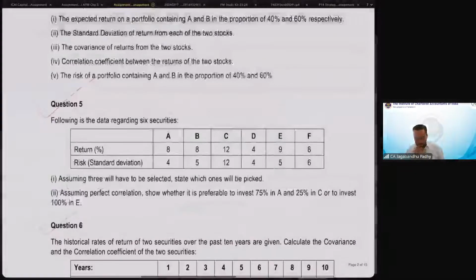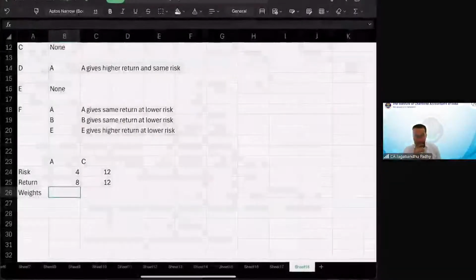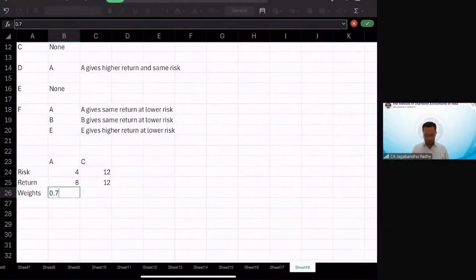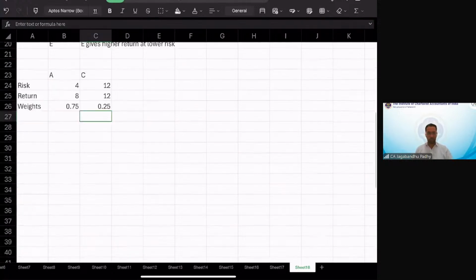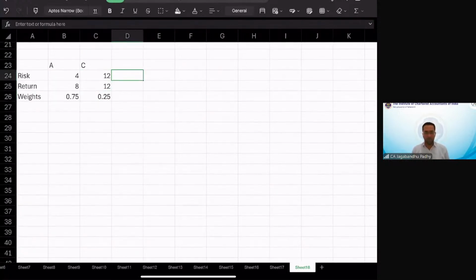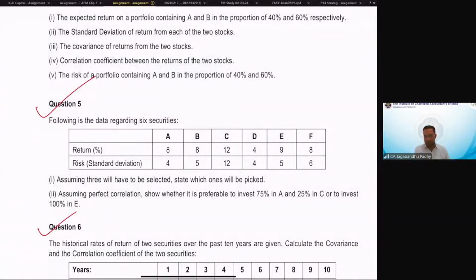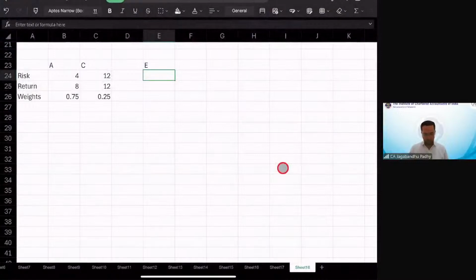Weights are given to us as 0.75 and 0.25. Then they're asking us to compare it with the security E, which is having a return of 9 for a risk of 5.